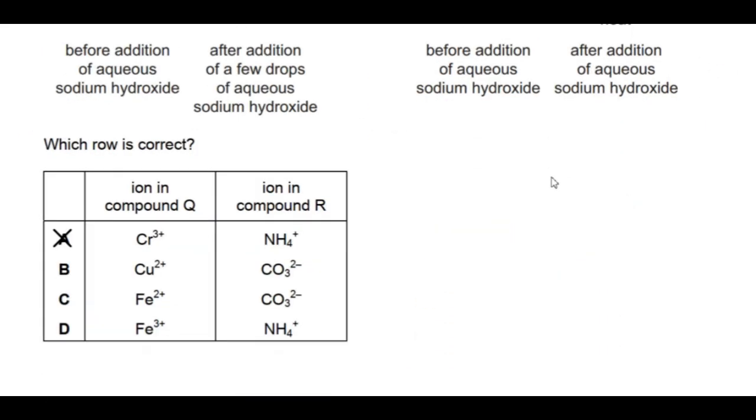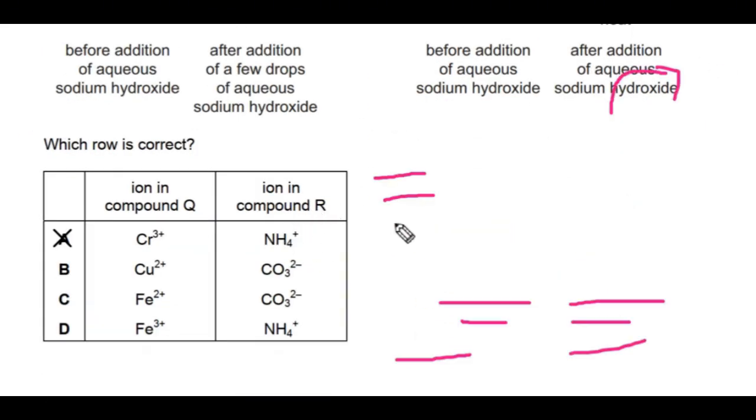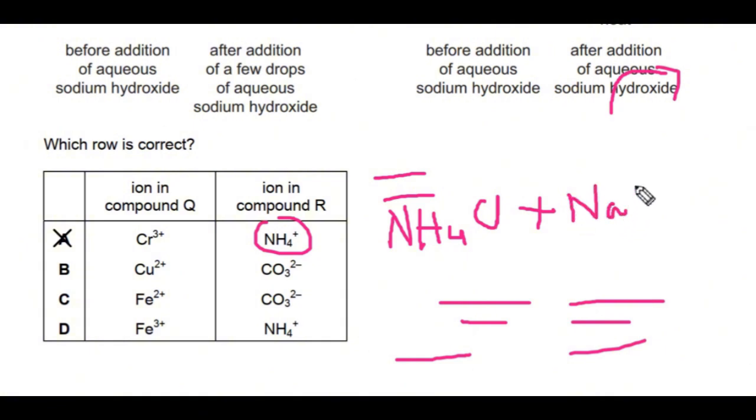So you know, if any ammonium compound, say ammonium chloride, if you add sodium hydroxide and gently warm, you will get ammonia gas: salt plus ammonia gas plus water.